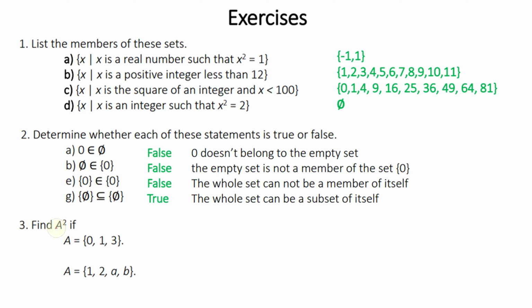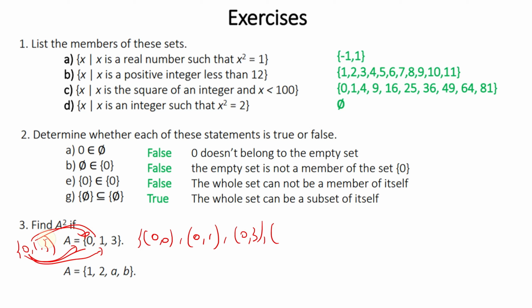Okay, how about this? The A square, which is the Cartesian product between A and itself. So this is going to be what? It's a pair. So (0,0), (0,1), (0,3), and then don't forget, I'm going to take the first one with the first, second, and third one, and then the second one with the first, second, and third one.